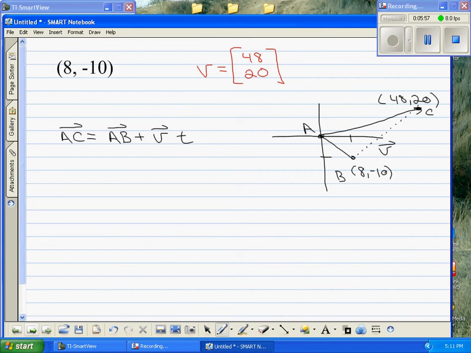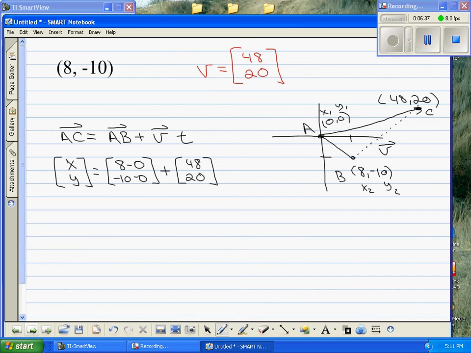Using the same equations, first I'm going to set this up in component form. AC will be the x component and the y component, and that will equal x2 minus x1. Remember, this is (0, 0), so this is going to be x2 minus x1: 8 minus 0, and y2 minus y1 for the component vector: negative 10 minus 0, plus my velocity vector. Well, the velocity vector I found to be (48, 20) times t.